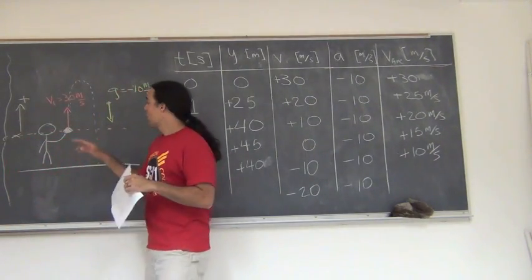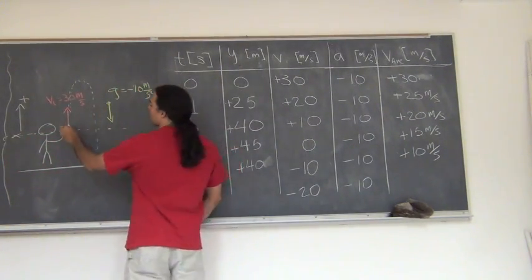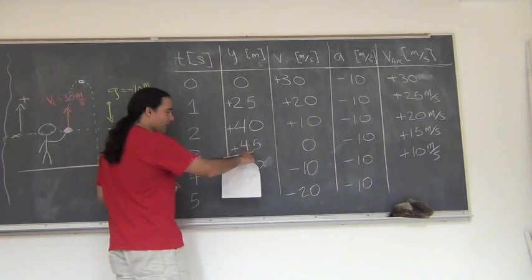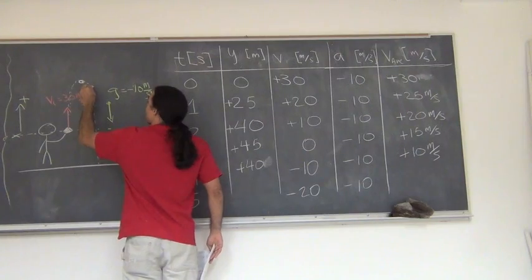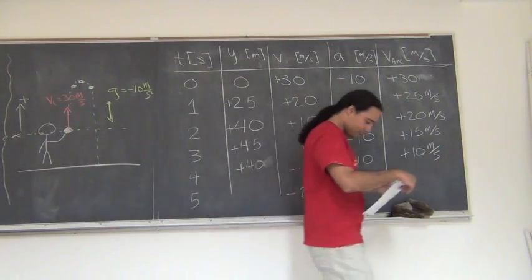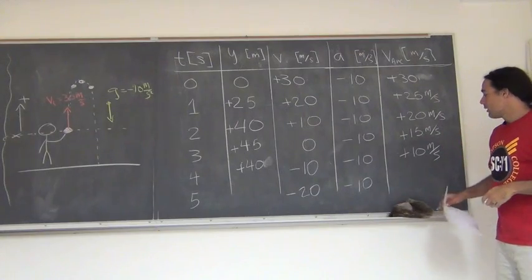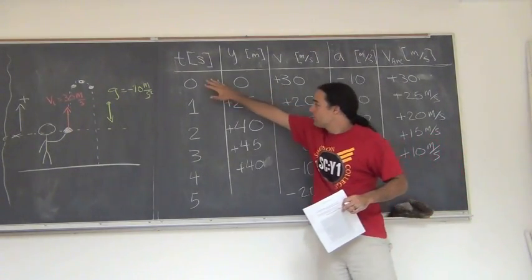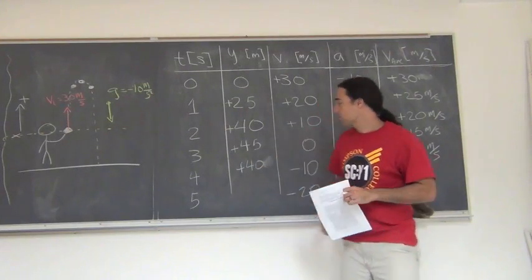If I look where we are in that trajectory, we've gone up and up and up. We've hit a maximum at 45 meters. Now we're starting to head back down. So we're at 40 meters. What's our average speed between 0 and 5 seconds?